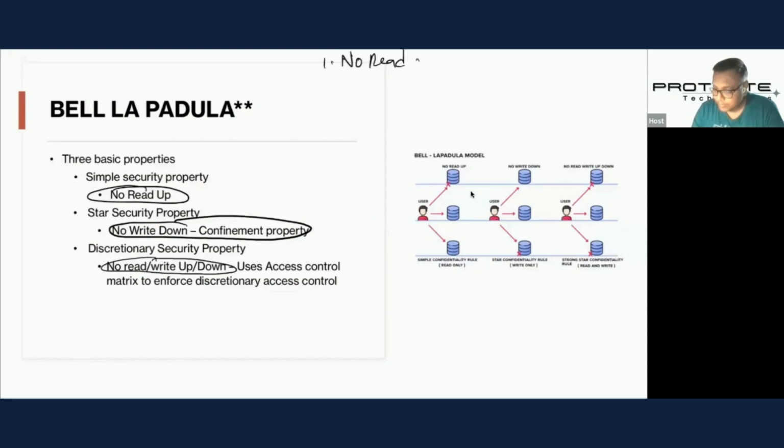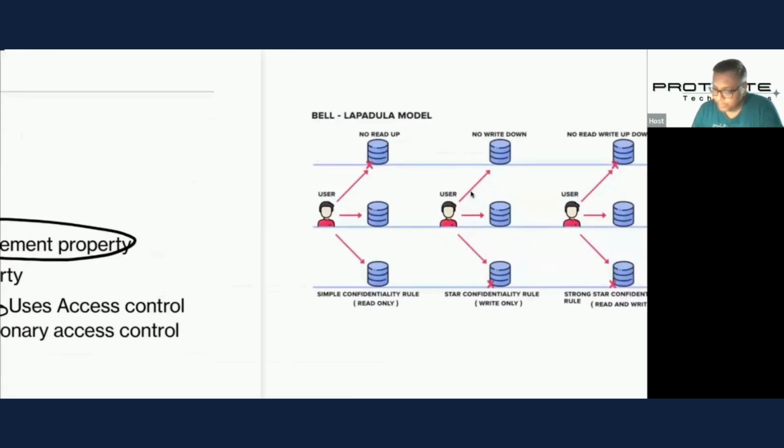Imagine in this figure there is a user, he's not allowed to read above his privilege rights. He is allowed to read only on his level, and he can also read what is below him.